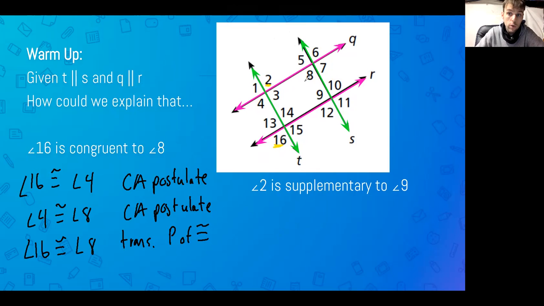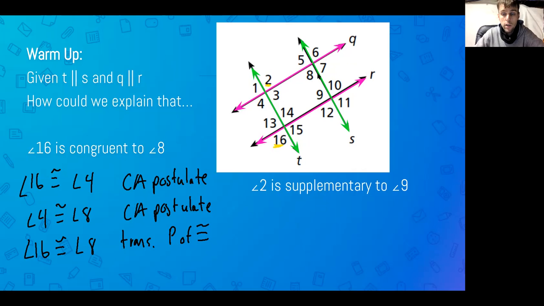And then 2 and 8 could be alternate interior angles, so those would be congruent. So we could have created another chain based on different reasons. We don't just have to use corresponding angles, but we do have to make sure that the angles we are connecting with any given statement like this do have parallel lines with the same transversal.